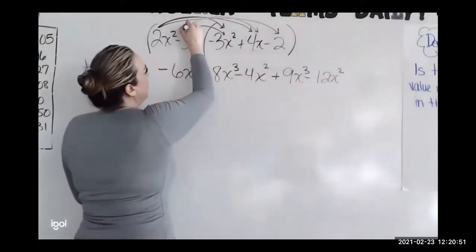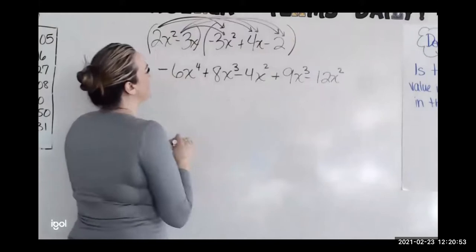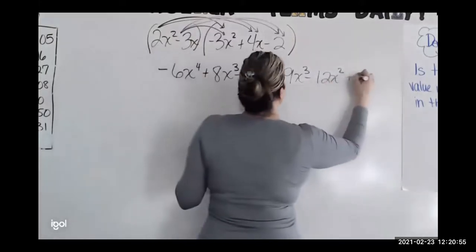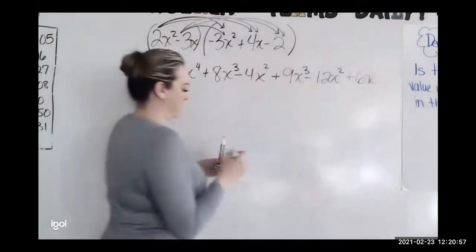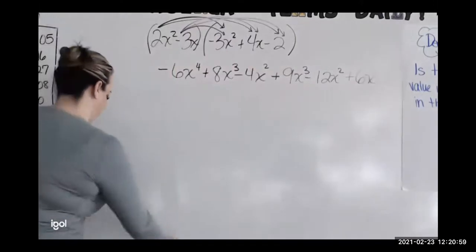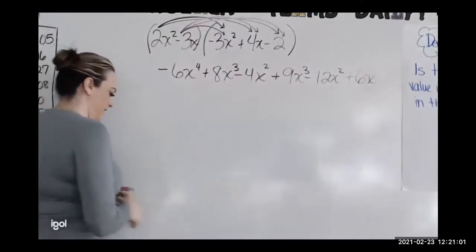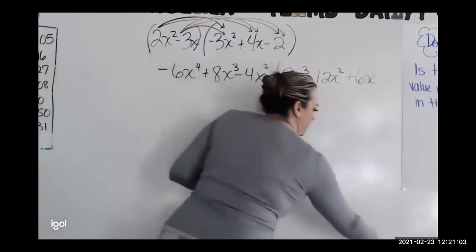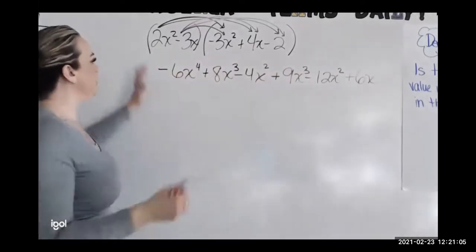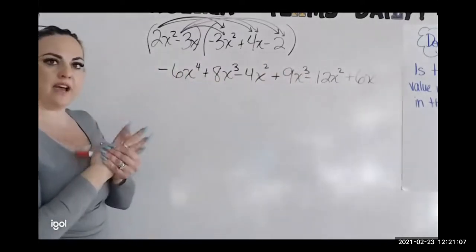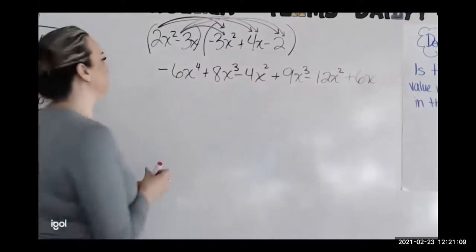And finally, negative 3x times negative 2 is positive 6x. This is a very nice long polynomial. Now, we are going to combine like terms to simplify it and then leave it as that.